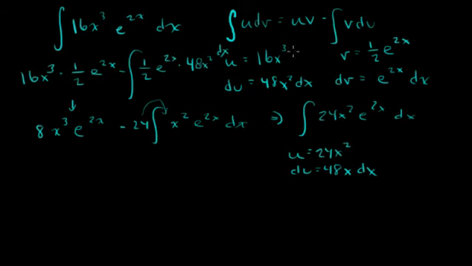In order to have something with dv, you're going to include dx. So dv in this case is going to be equal to the other term that we didn't use, e to the 2x dx. And now when you integrate both sides, you'll just have v, you'll get 1/2 e to the 2x.